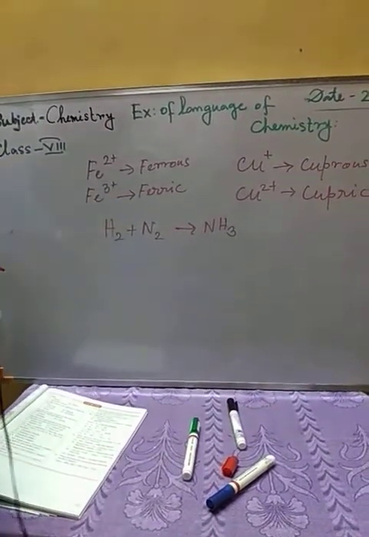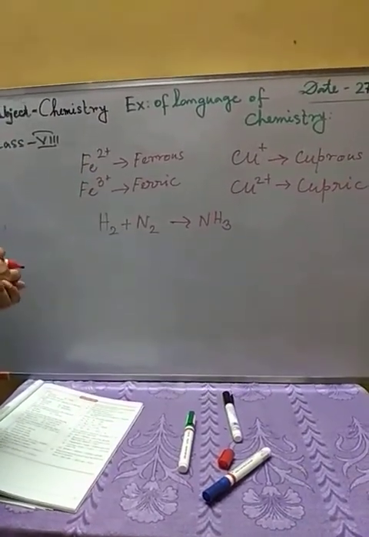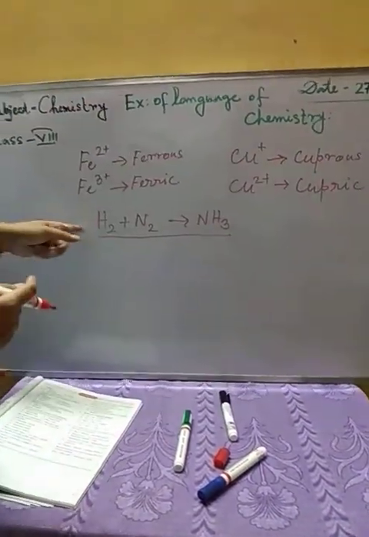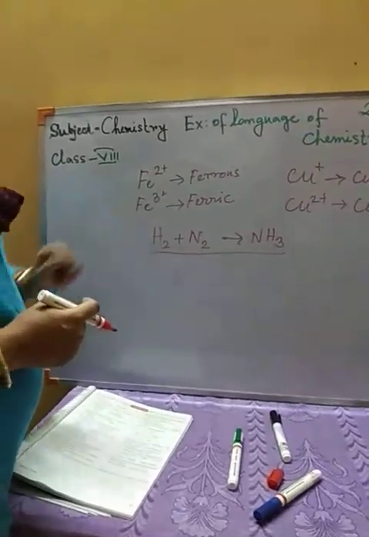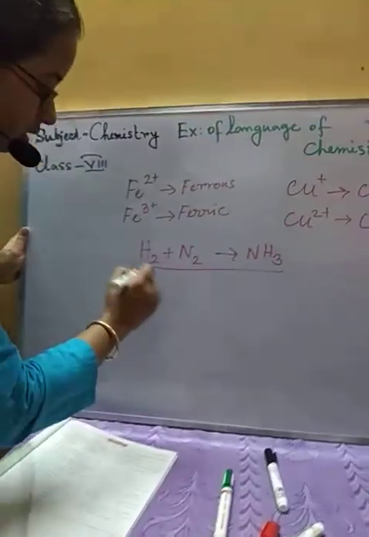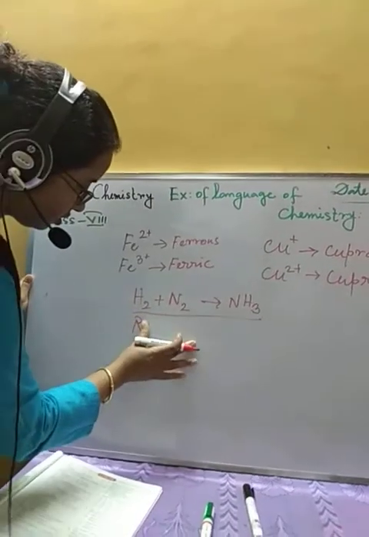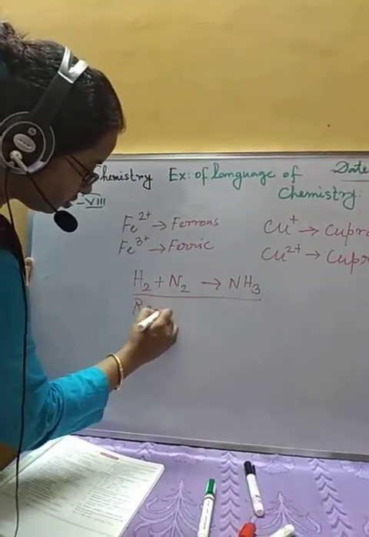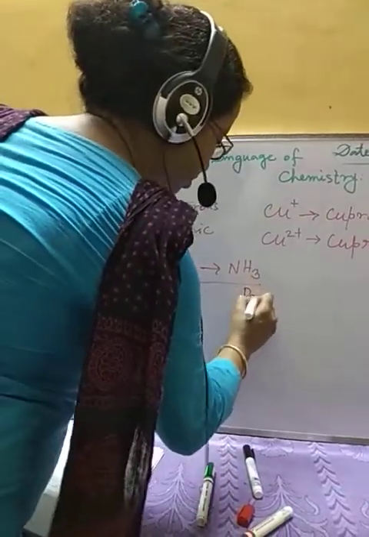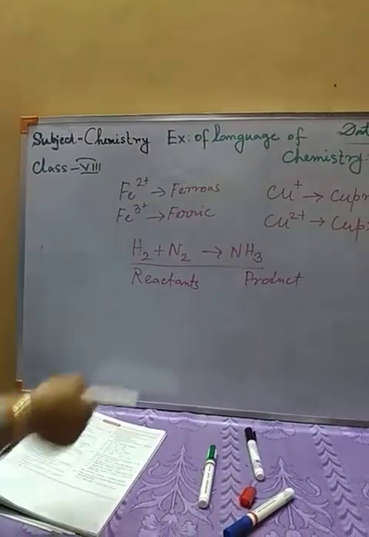One side reactant, another side product. After giving the definition, you use this example of hydrogen and nitrogen, then ammonia. So there you write: these are the reactants, hydrogen and nitrogen, and this is the product.